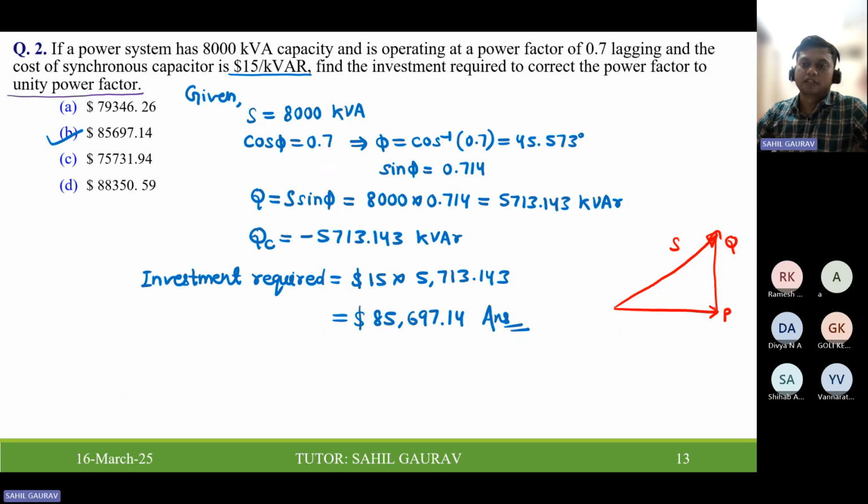So all the reactive power demand from the load is fulfilled by this QC. So Q and QC both get cancelled out, and finally the apparent power becomes equal to active power after compensation.